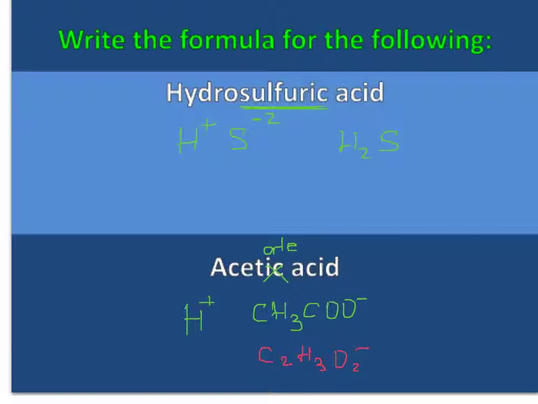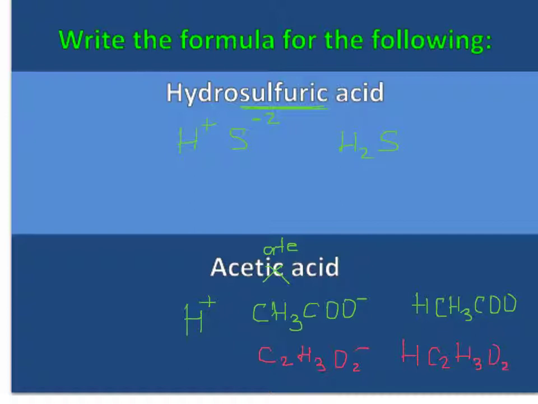So we add our acid. We look at the compound, 1 positive, 1 negative. So we're going to get H+. Sorry, not H+. We're going to get HCH3COO. Or if we do it like we did at the bottom here, we get HC2H3O2.